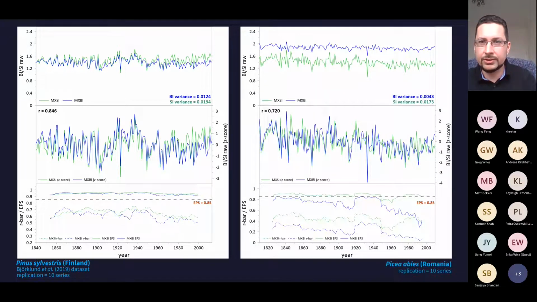Just to take another example, this is from a Norway spruce site in Romania. Similar story to what we have on the left side. But if you look at the bottom here, you see that the blue intensity data are considerably weaker in terms of inter-series correlation.